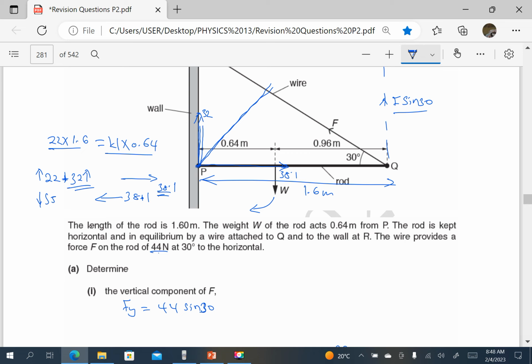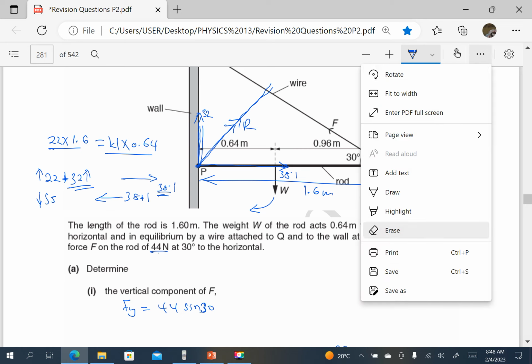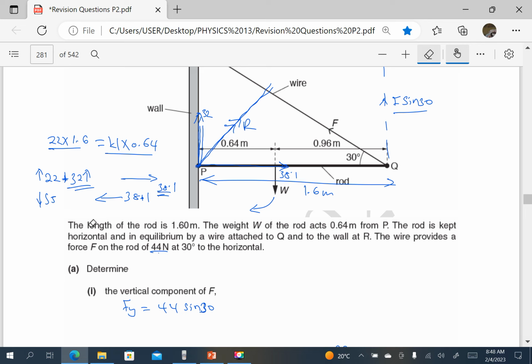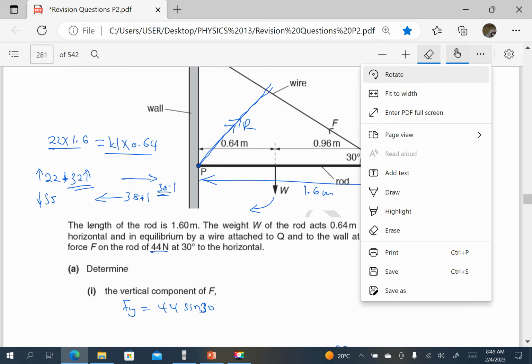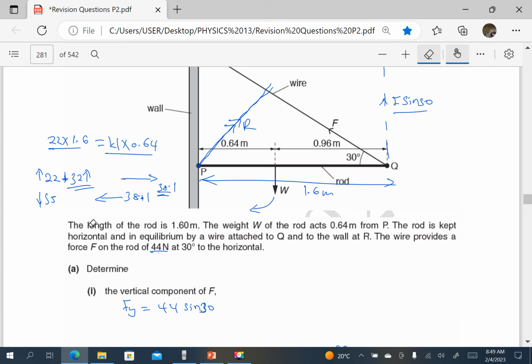So they say draw an arrow to represent the force acting on the rod at P. So the arrow will be here. That will be the arrow. So I'll remove all the other arrows which I've used for demonstration, and I'll leave that arrow there because it is the most important one. So the arrow we are looking for is this one here.